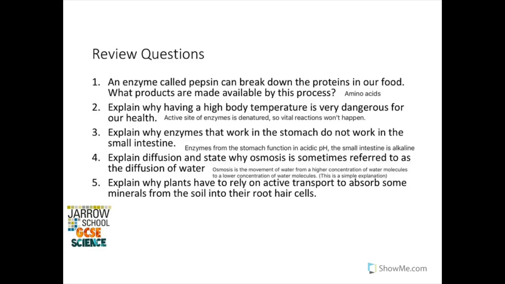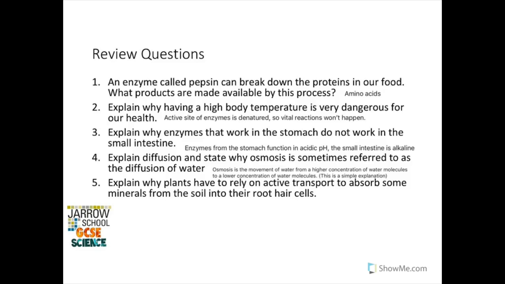And question 5. Explain why plants have to rely on active transport to absorb some minerals from the soil into their root hair cells. So this is basically because the plant wants to absorb as many minerals from the soil as it can. So rather than allowing the minerals just to diffuse into the root hair cell, from where there's a high concentration in the soil into a lower concentration in the cell, eventually those two concentrations would balance and there'd be lots of nutrients left in the soil.